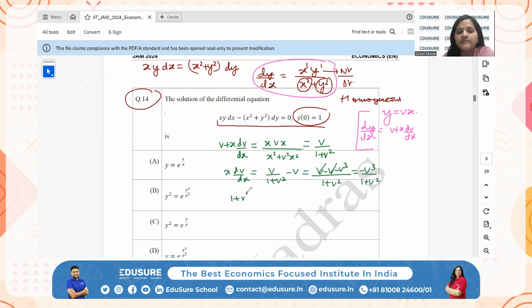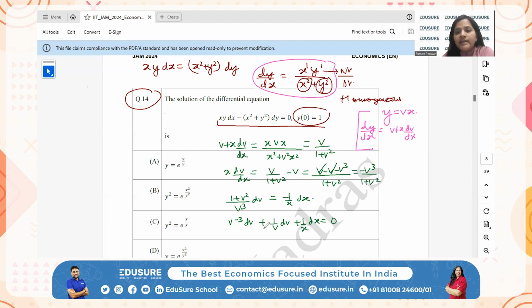So we will have 1 plus v square upon v cube dv equals minus 1 upon x dx. So this can be written down as v power minus 3 dv plus 1 upon v dv plus 1 upon x dx equals 0.